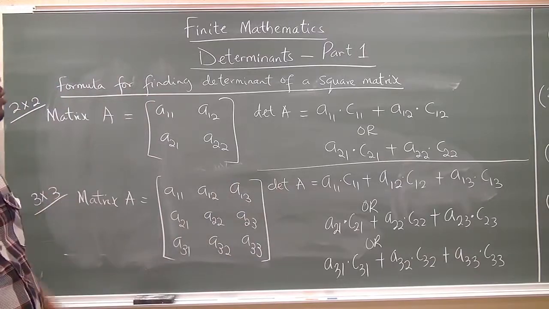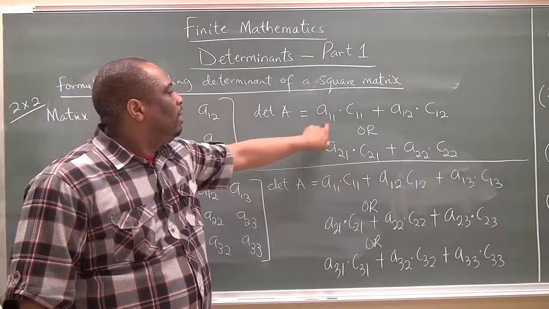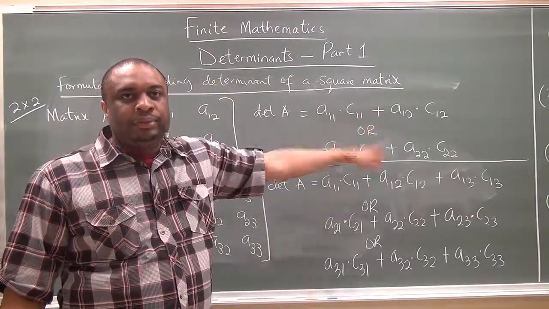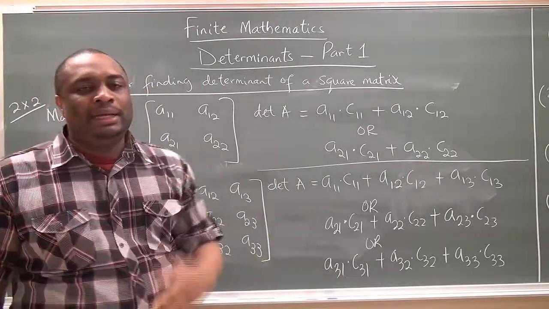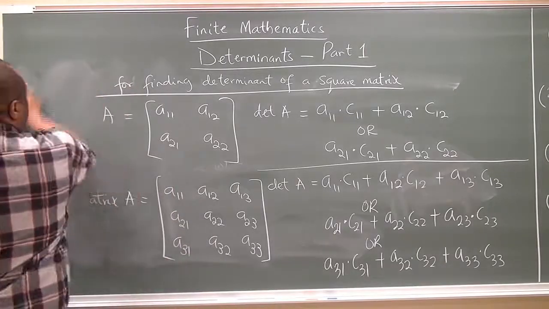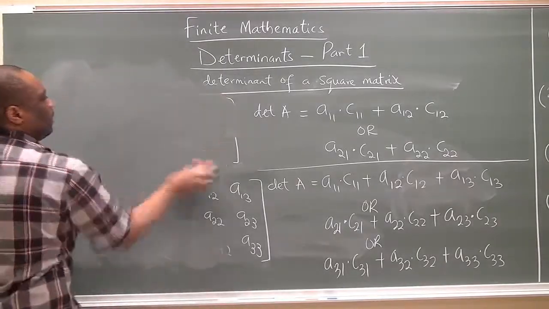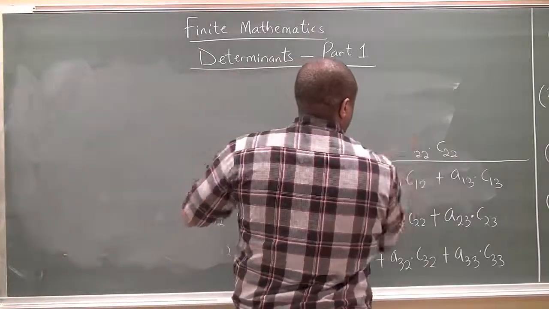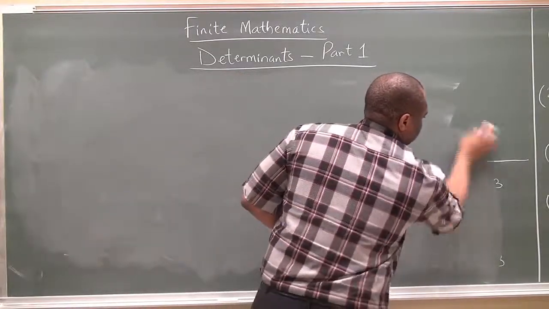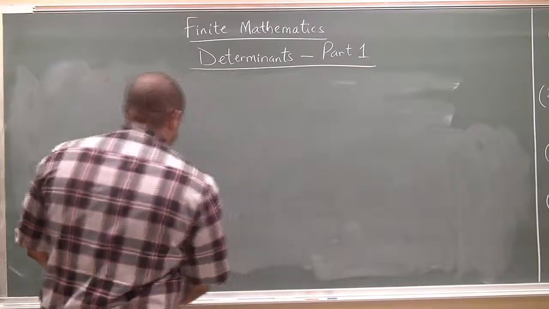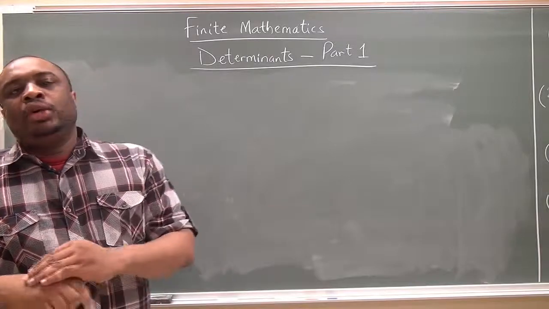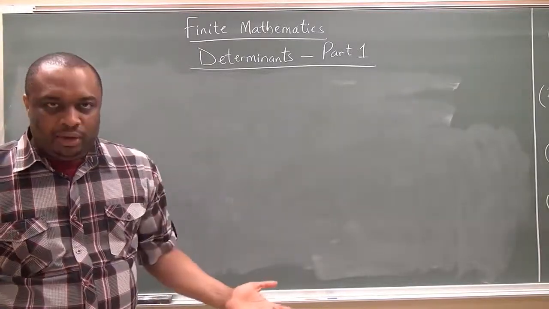Alright, so now we know the elements of the matrix, A11, A21, but we don't know the cofactor. So that brings us now to the concept of cofactors. Before we talk about cofactors, we have to talk about what we call minors.